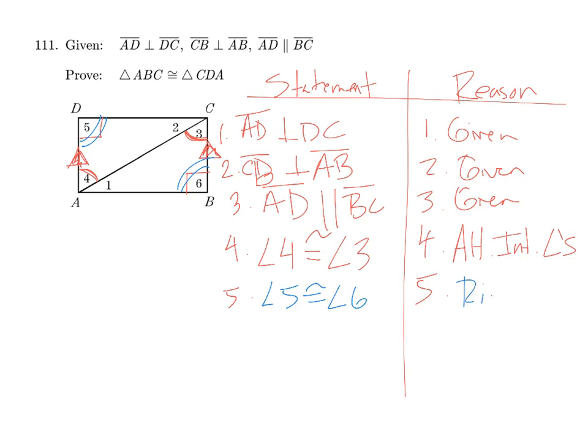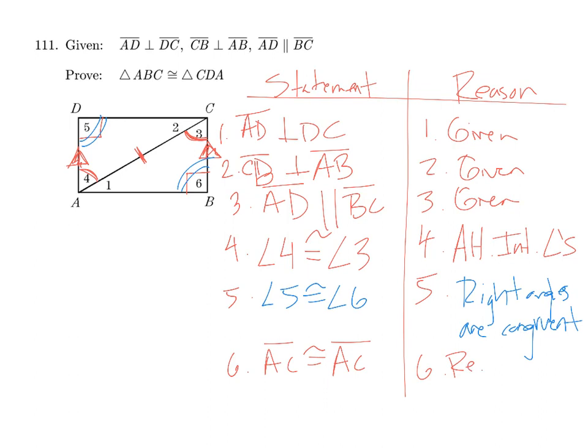You just say right angles are congruent. That's all there is to that. And now I know they both share this side in common. So AC is congruent to AC by the reflexive property.